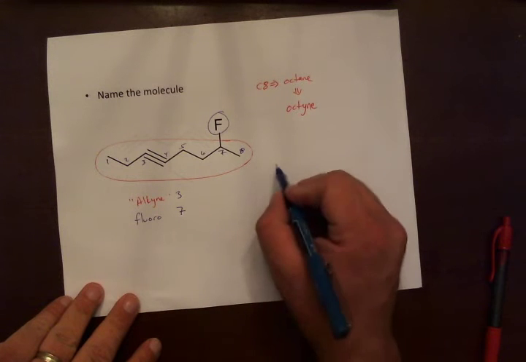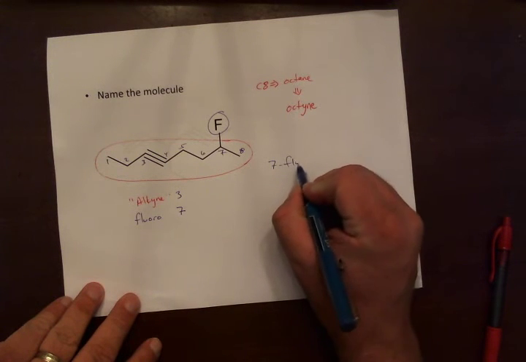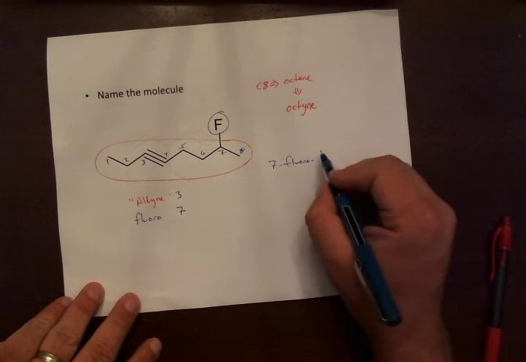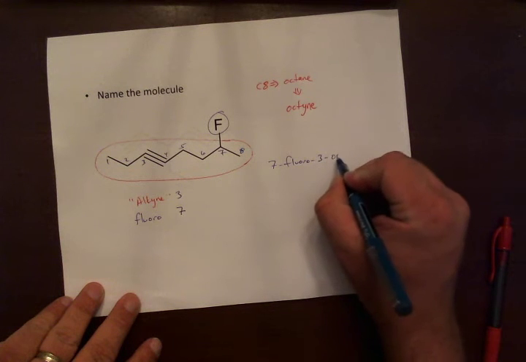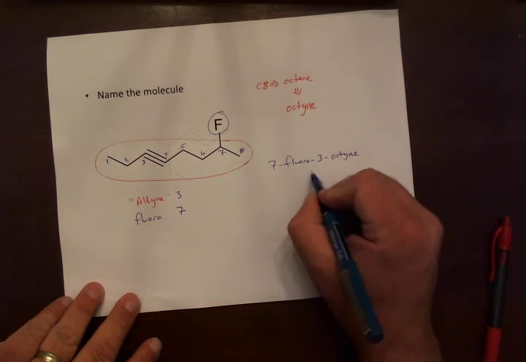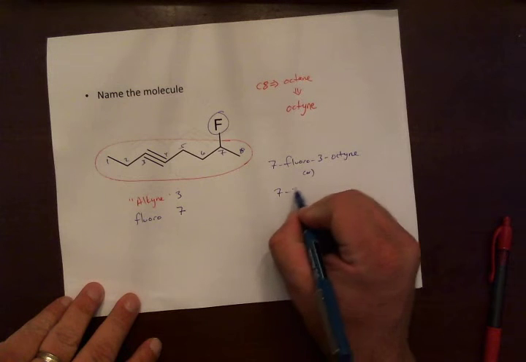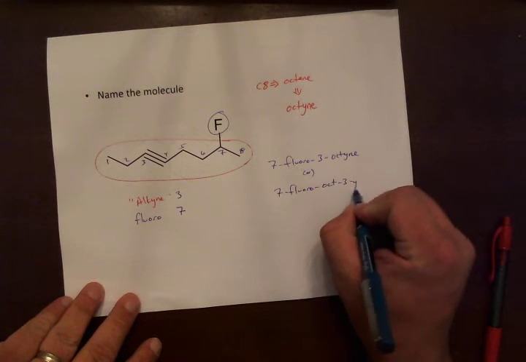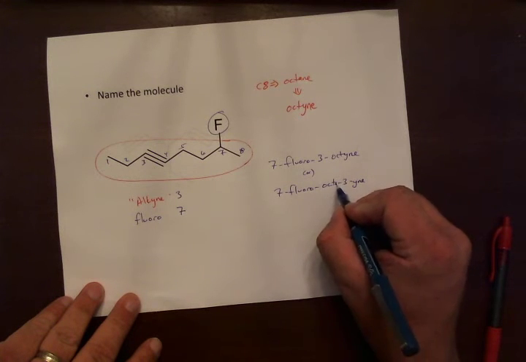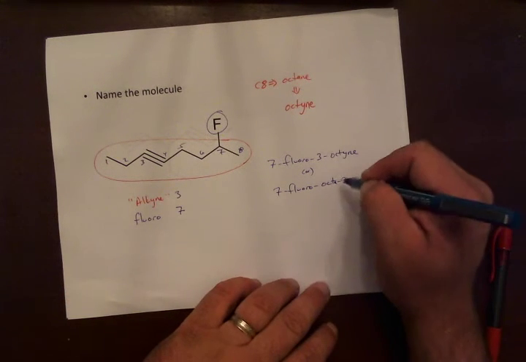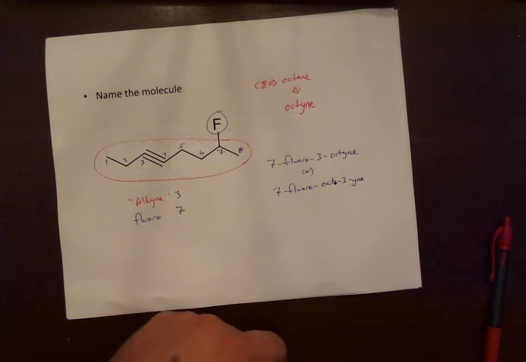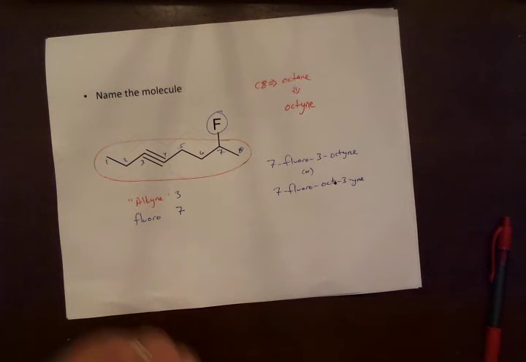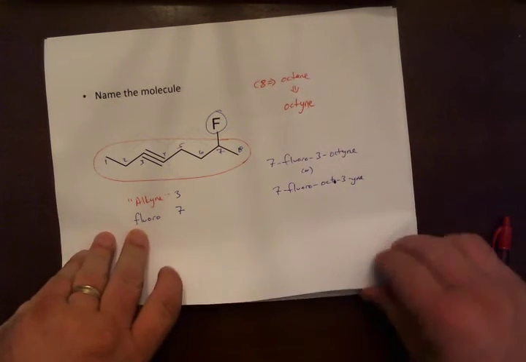So it becomes 4 fluoro, 3 octyne, or you could do 7 fluoro oct 3-yne, or octa 3-yne, it doesn't matter, something like that.